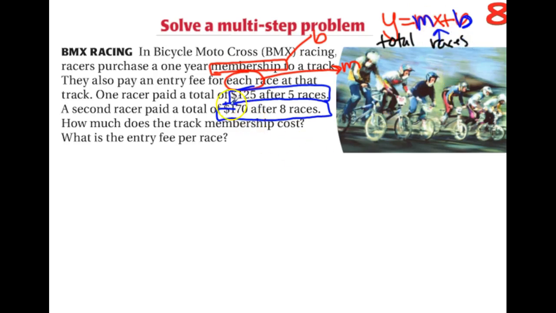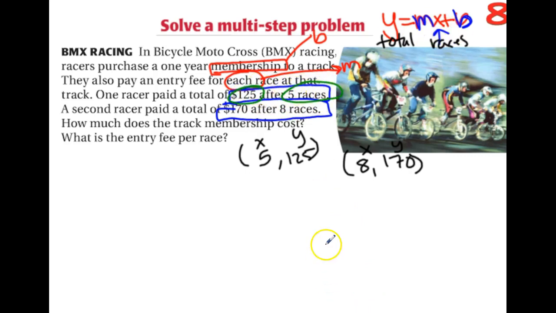So 125 after 5 races: x is 5 races, which would cost $125. And our other point, 8 races, would cost $170. We're writing them in the form x, y because they're like points.